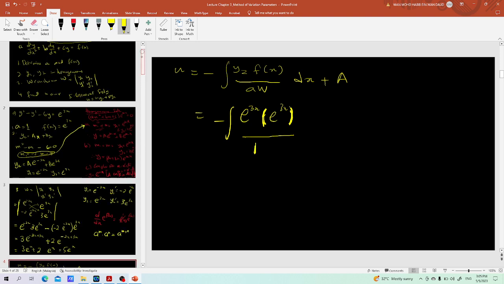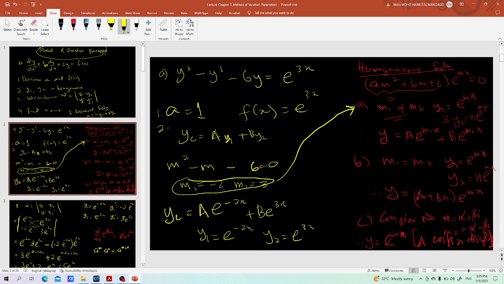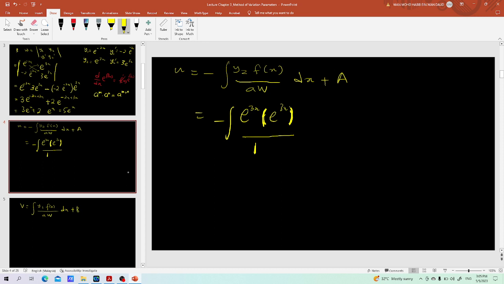And then w is 5e^x, with respect to dx. And then we simplify first.